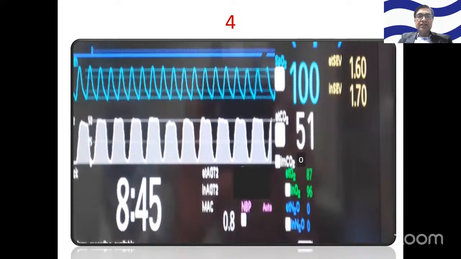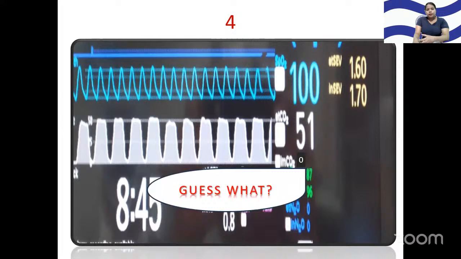So this is the first scenario. Okay. And guess what? Your 60 seconds starts now. You have to write in the chat box what is the abnormality. This will blink for 60 seconds.